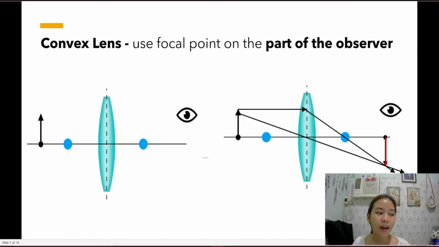So I'm going to show you how to plot a ray diagram here in our presentation.